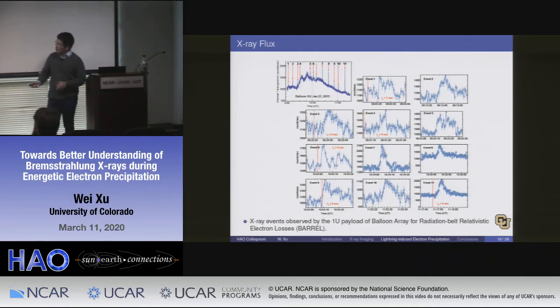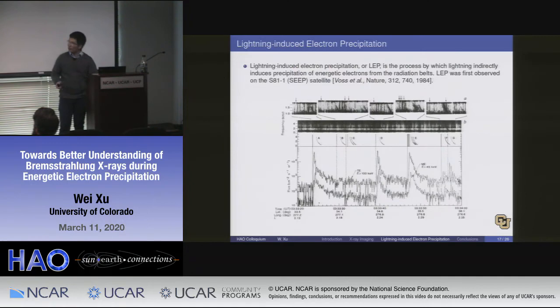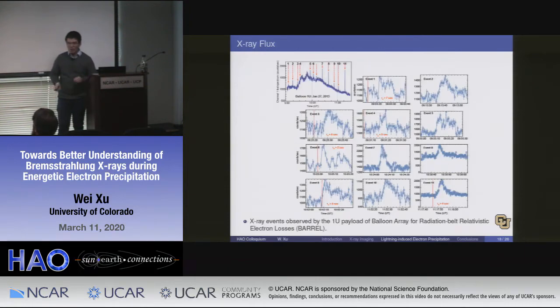The duration and temporal structure of these events are fundamentally different from typical precipitation events, but the sharp linear rise and exponential decay is pretty similar to the spherics emitted by lightning discharge, which means these balloon measurements might be X-ray signatures of LEP events.